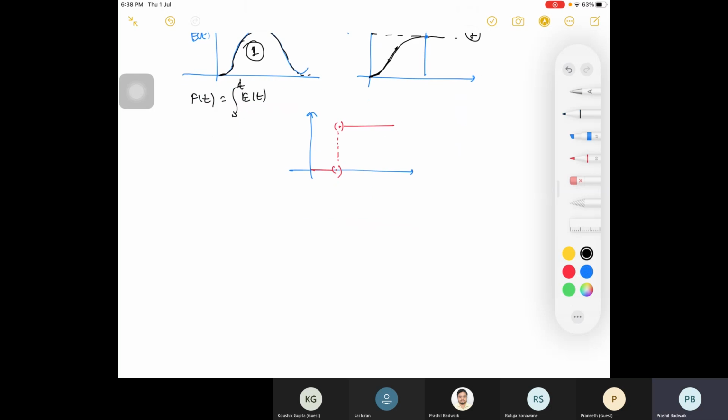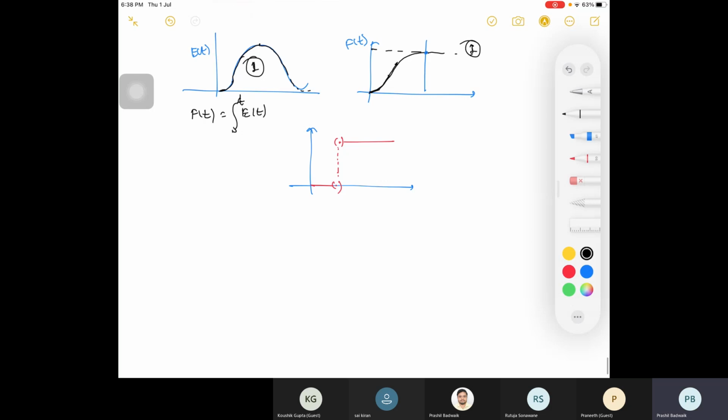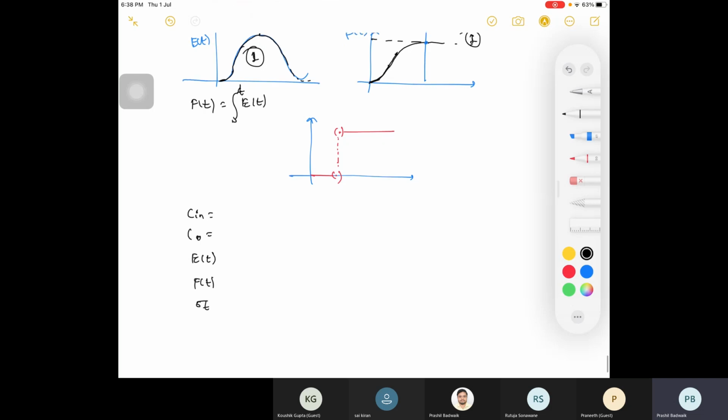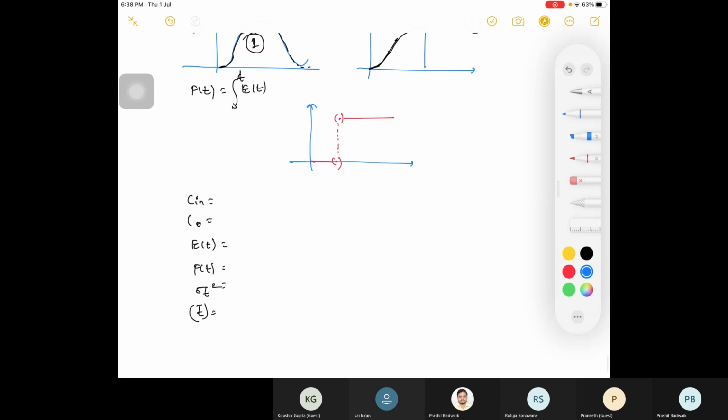So we'll combine all points. You know your C in, you know your C out. We have already written what is your E(t) here, what is your F(t), what is your sigma t. Then what remains? T min. Anything else? We derived this. So you will be having E(t).